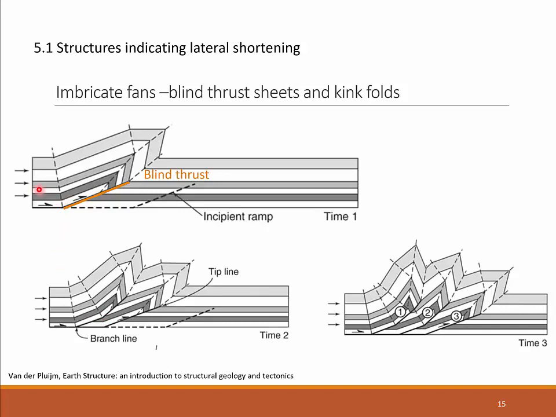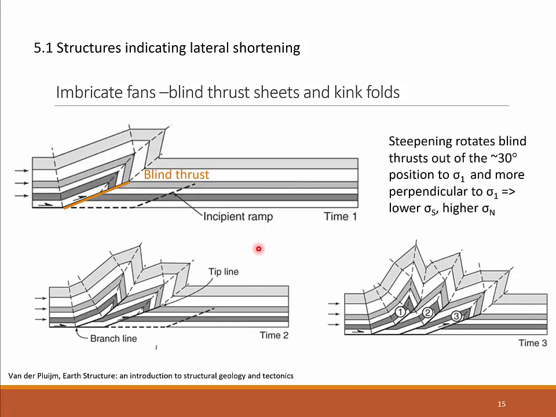When we start moving material up such a ramp, we will increase the amount of material on top of the blind thrust, and that will increase the normal stress. With increasing normal stress, the critical shear stress increases, and it might exceed the stresses that are available, and this will lead to the formation of a new ramp, which is mechanically easier than keeping the blind thrust alive. In addition, in imbricate fans, we do not have the horizontal continuation of an upper thrust sheet.